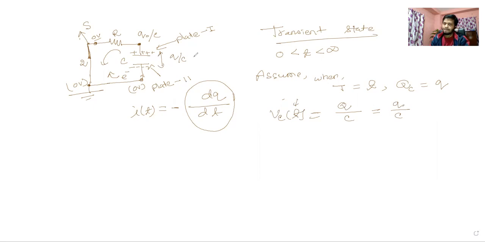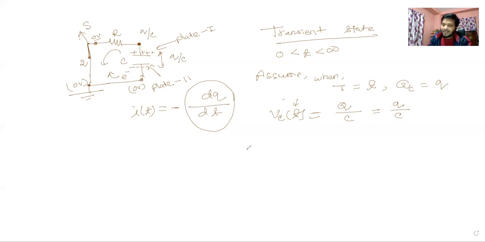Now what would be the potential at this node at time t? It is small q by C, isn't it? Now what would be the current at time t through this resistor R?